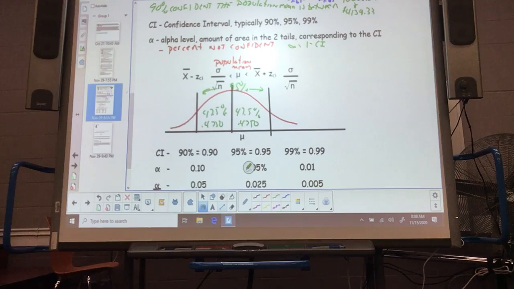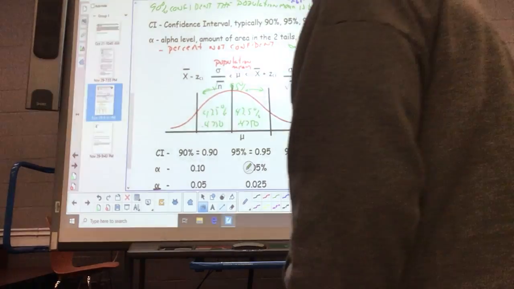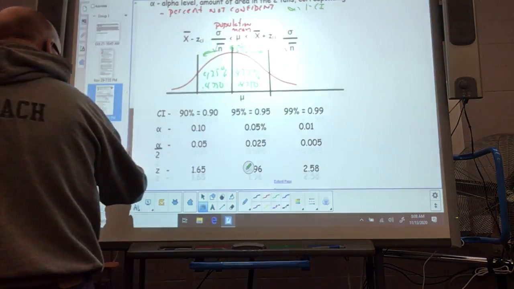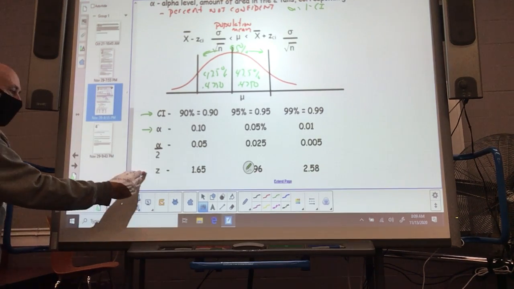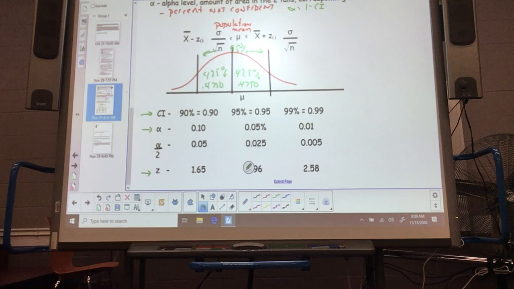For our homework tonight, what you'll want to use is this table right here. If I have a 90% confidence interval, that means I'm 10% not confident. That means my z-value I'm going to use is 1.65.